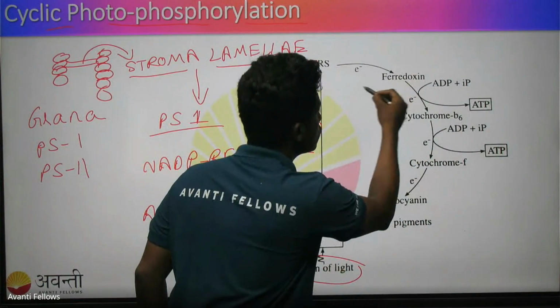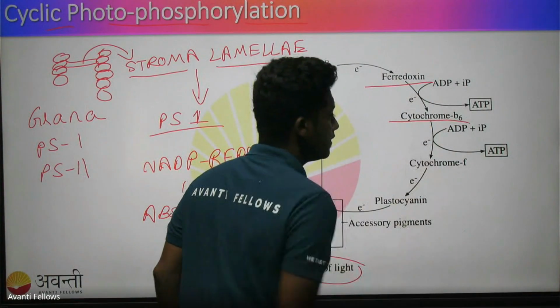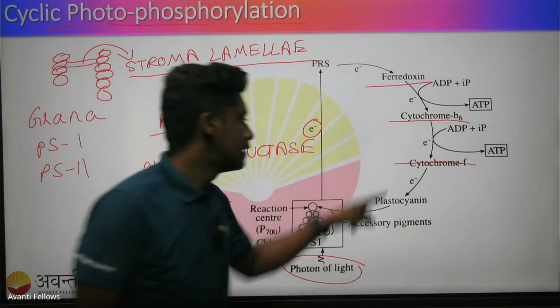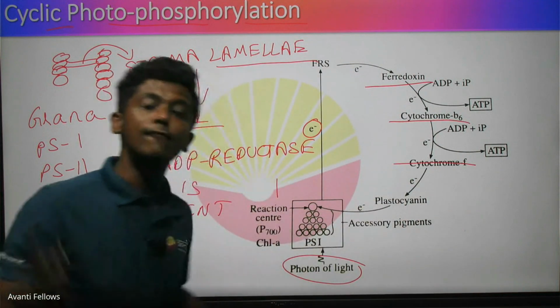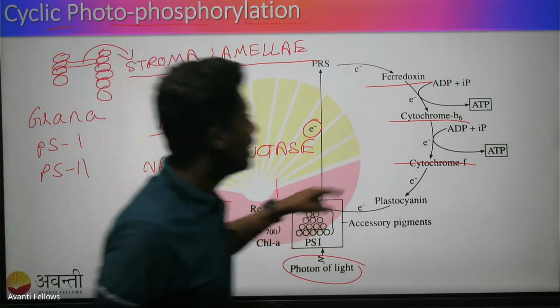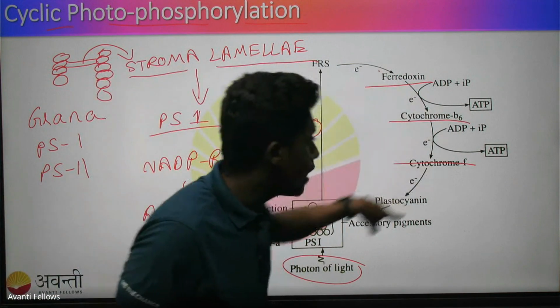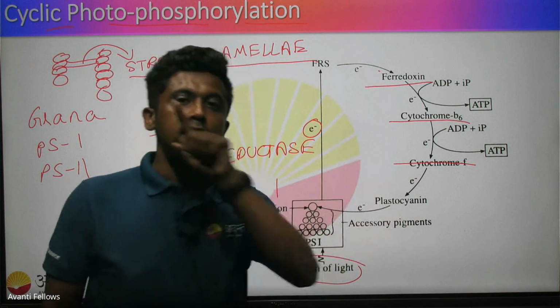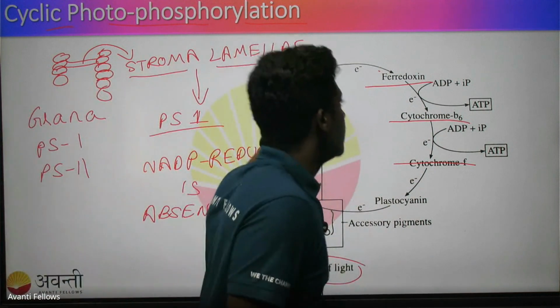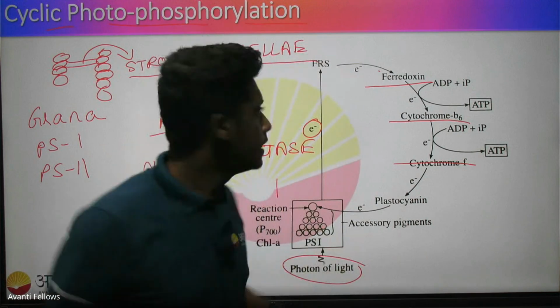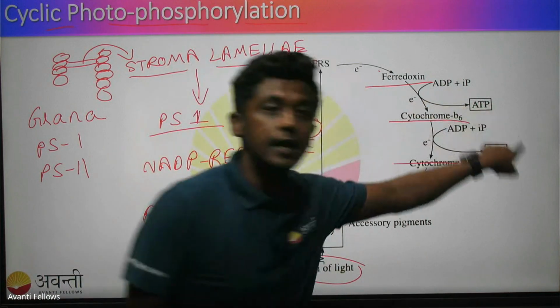Finally they transport through ferredoxin, cytochrome B6, cytochrome F, and then plastocyanin, eventually returning the electrons to the same photosystem. As they move down the gradient, it is not used for the reduction of NADP. Instead, it is used for the phosphorylation of the ADP molecules.